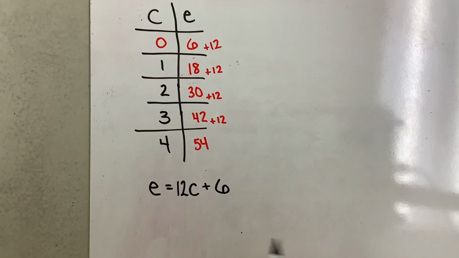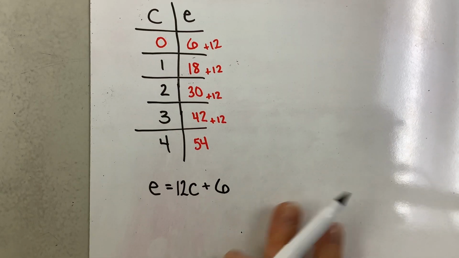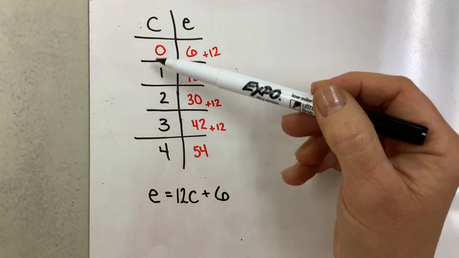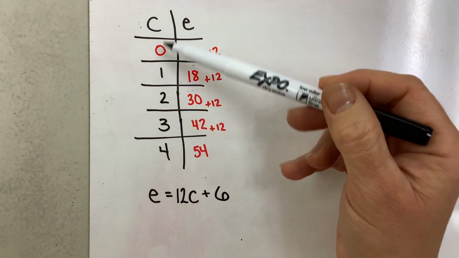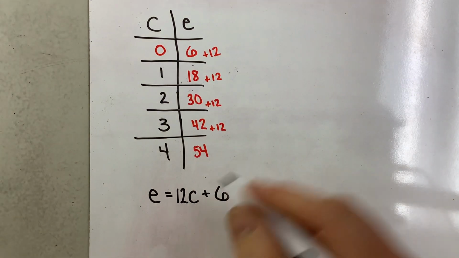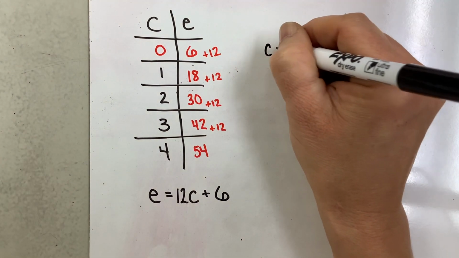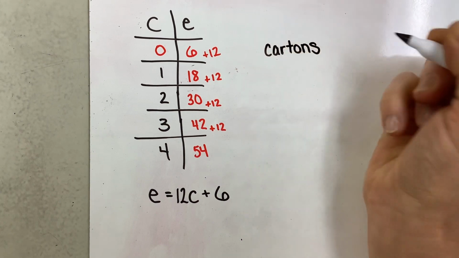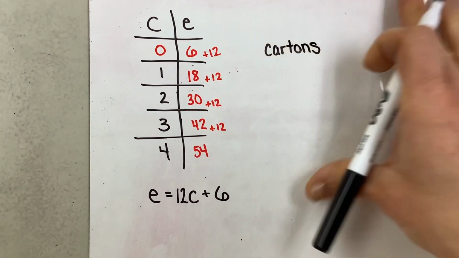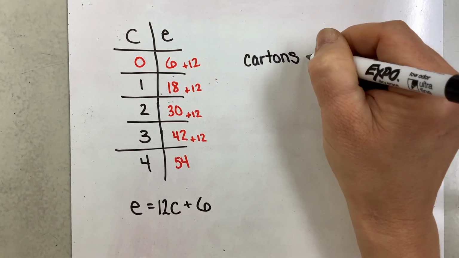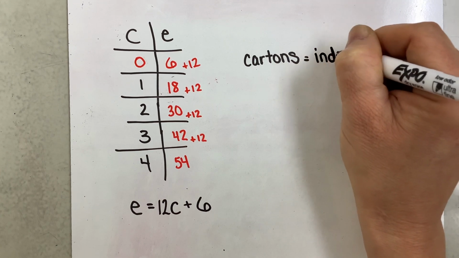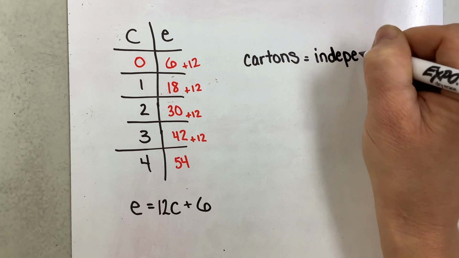Now, when we look at this, in this case, which one is dependent and which one is independent? Well, the cartons are independent. What I like to talk about with the kids is this: the cartons of eggs are just sitting there in the store, okay? They're already put together. So our cartons are independent because they're already there.